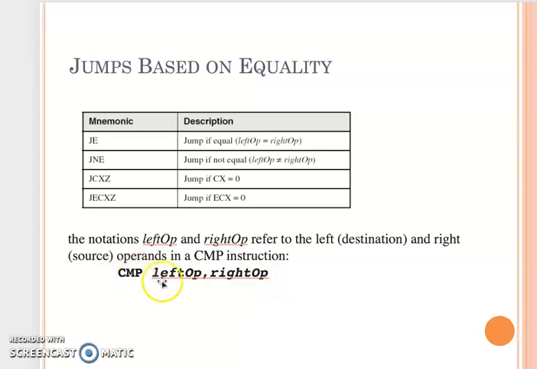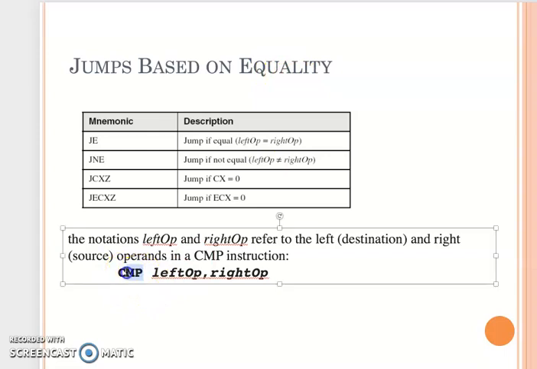When we do the comp, we subtract the source operand from the destination operand. So if they are equal, then you do the JE. You jump to somewhere so you can continue to execute some instructions. But you also have the JNE if they are not equal, then it will jump to some specific location. So mostly the equality jump is based on your previous instruction being your comp operation.